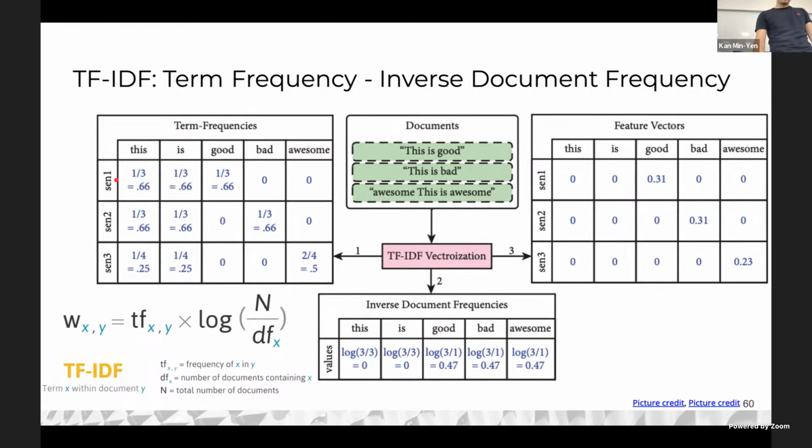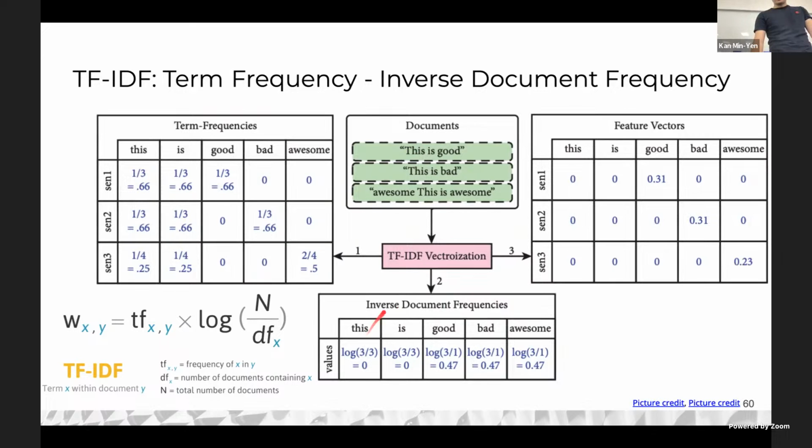For example, in sentence 1, each word will just have 1/3. The other is called the inverse document frequency, which is the log of the inverse of the document frequency. And like I said, those terms that are very common will be given a weight of 0.